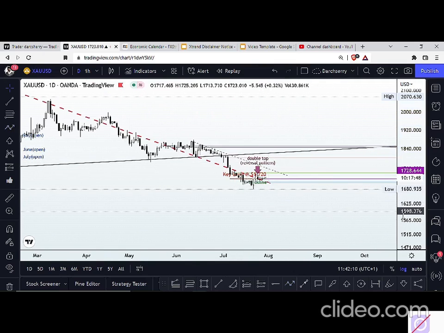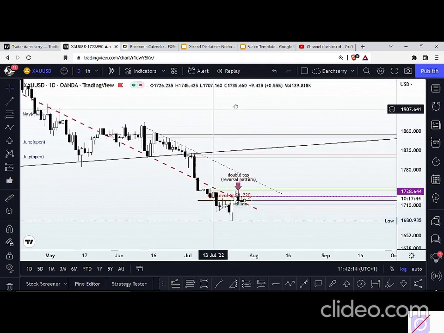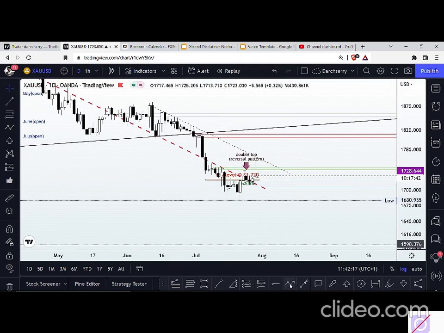Now, zooming into the structure we have here since the beginning of the month of July, this significant breakdown of that bullish trend line, which is the first in over 2 years now, is a signal that we might be having a bearish potential opportunity in the long term on the gold.